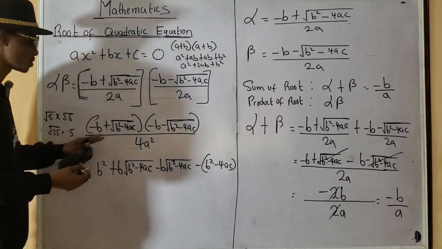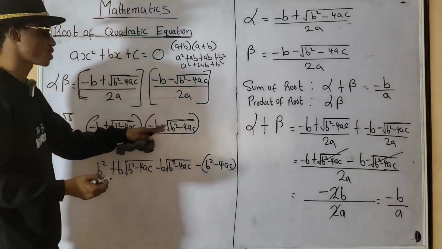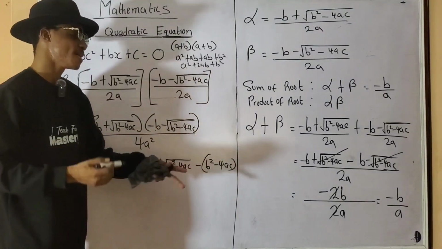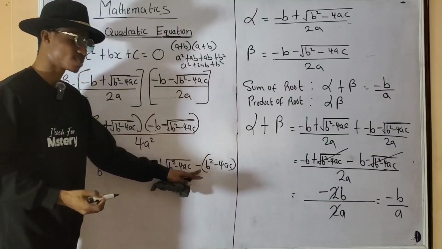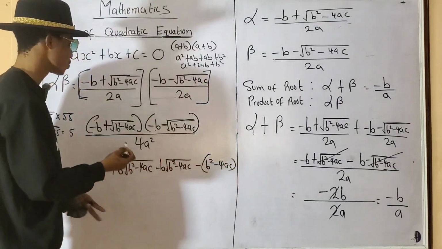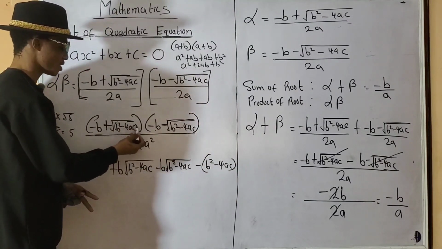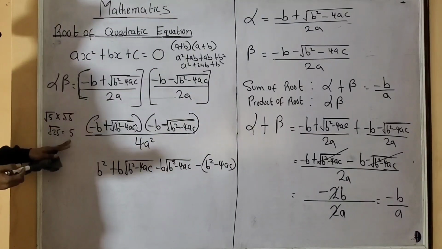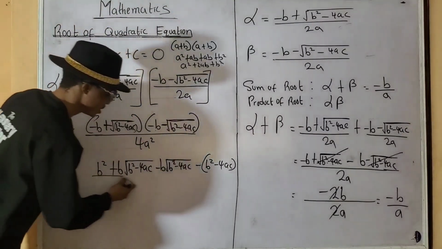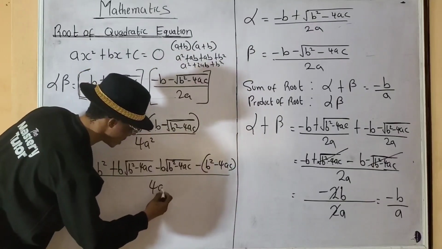So if you take the product of square root of b squared minus 4ac times square root of b squared minus 4ac, because of this positive sign and this negative sign, you're going to have minus. Now, the result will be the one inside the radicals. Just like when we have square root of 5 times square root of 5, you have 5. Okay, so this will be all over 4a squared.